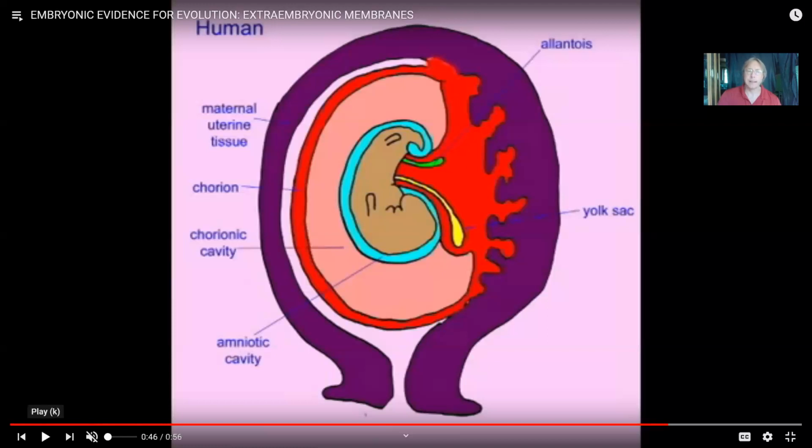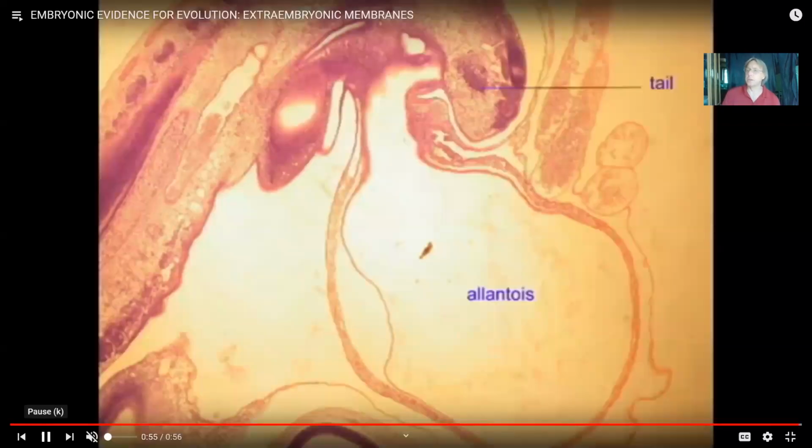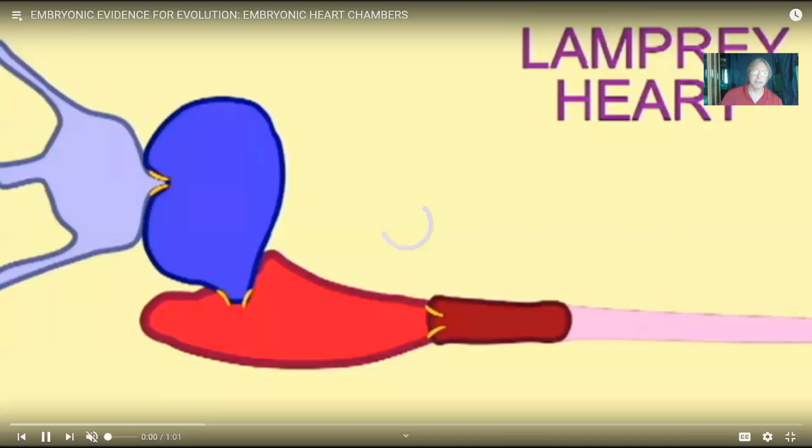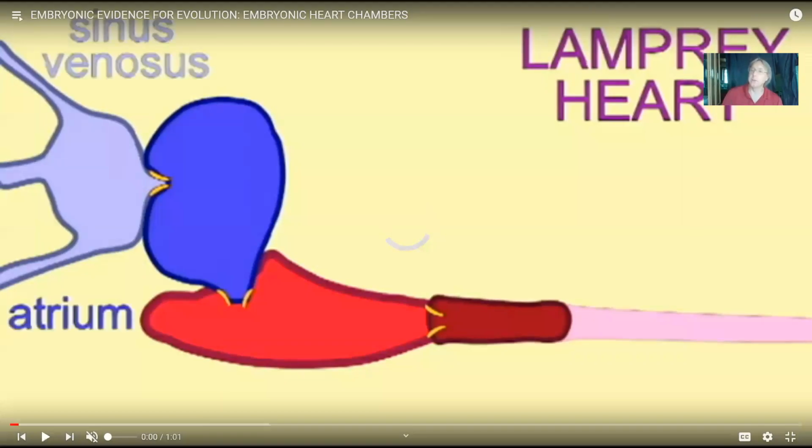And so the fact that human embryos have the same extra embryonic membranes as other animals, including egg-laying animals, is support of a shared common ancestry. If humans were 100% unrelated to egg-laying animals, there would be no reason that a yolk sac and an allantois would be needed.